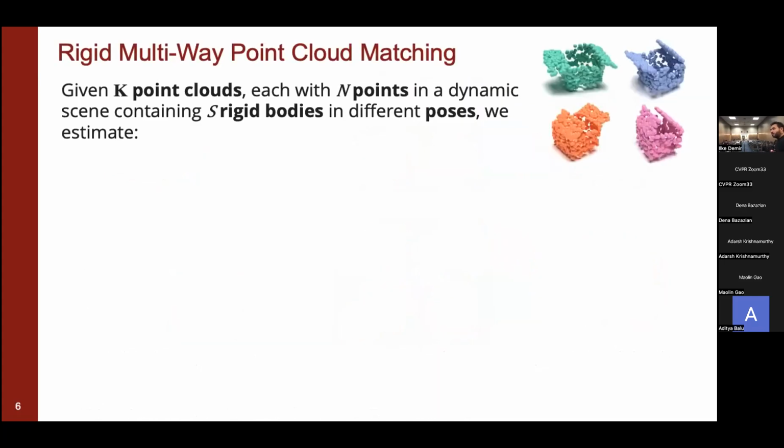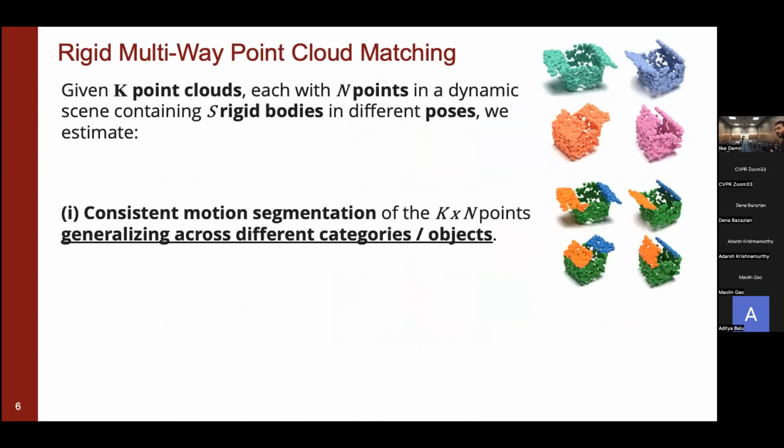Okay, so let's define the problem first. We are given k point clouds, and there are n points in each one. Unfortunately, n will be constant among point clouds in the beginning. And the scene will contain S rigid bodies, so there are multiple parts of the object moving. We desire a consistent motion segmentation, so a segmentation that stays identical if I move between point clouds.